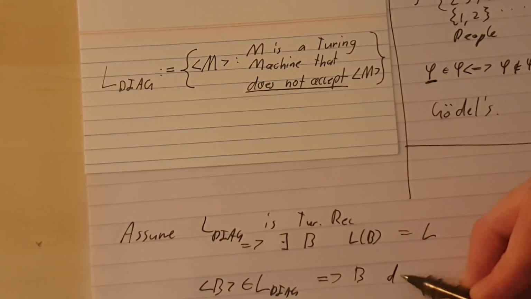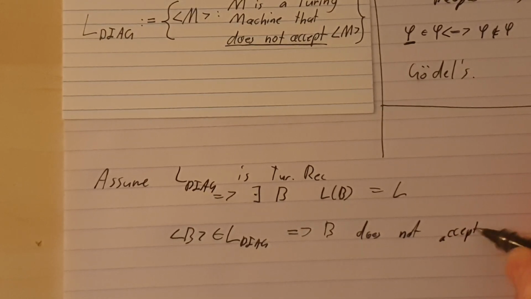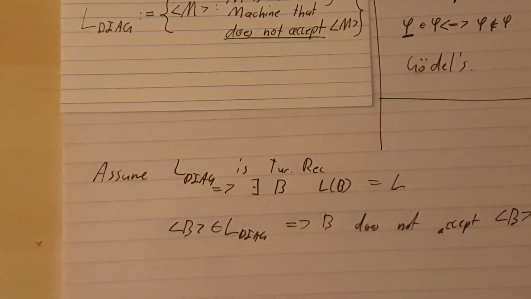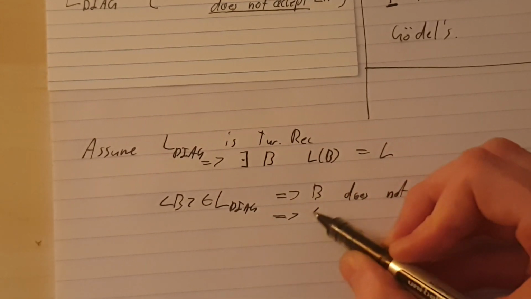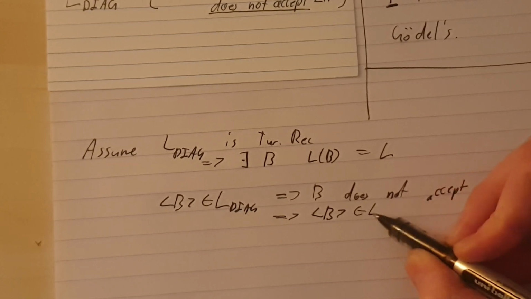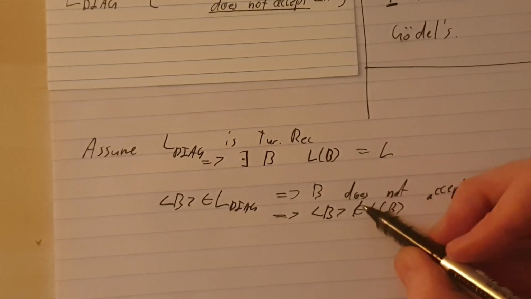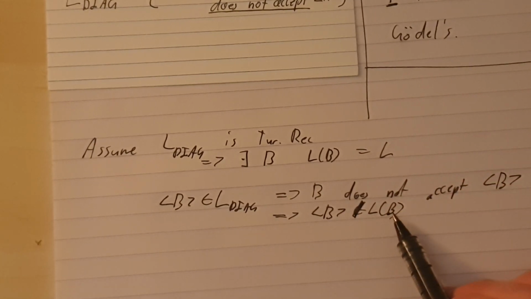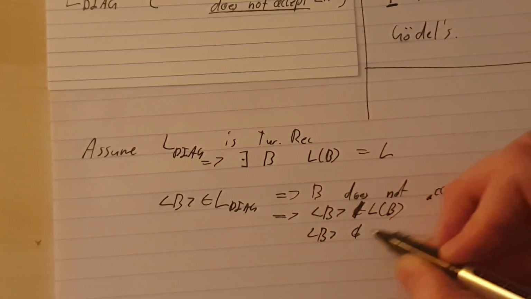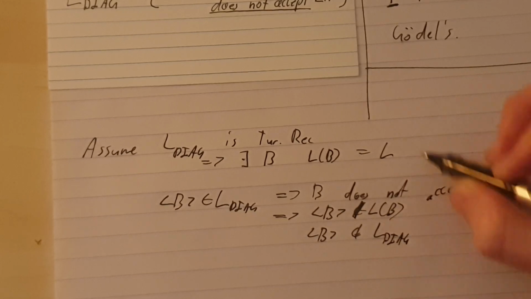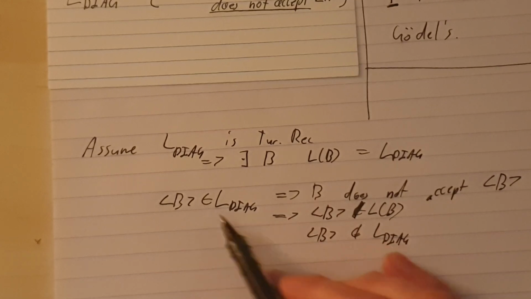So B does not accept the encoding of B. But if B does not accept the encoding of B, that means, just by the definition of what the machine does, the encoding of B is not in the language of B. But based on our assumption, that would mean the encoding of B is not in L-DIAG, which is obviously an immediate contradiction.